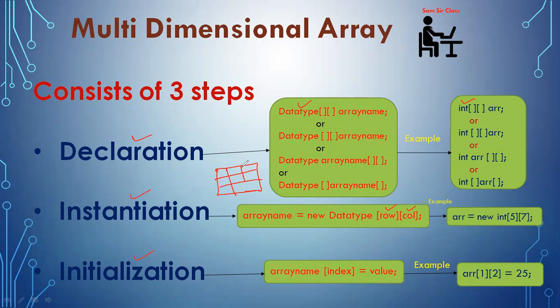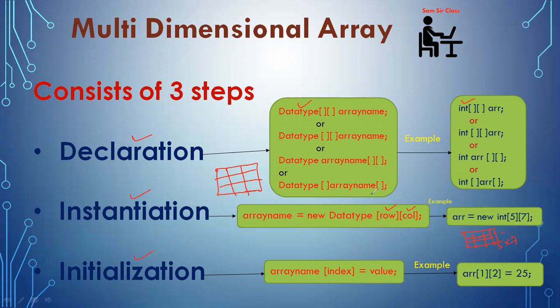Okay, so it is just like in a matrix format. If you are writing array name equal to new int 5 7, then a 5 cross 7 matrix will be generated for the user. Done.